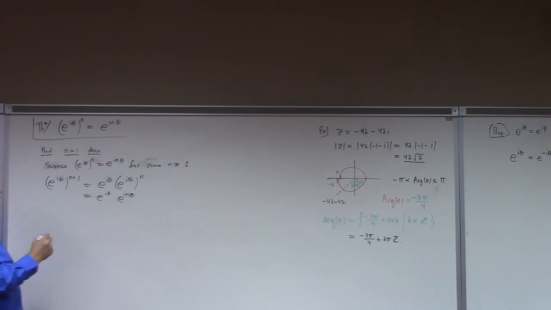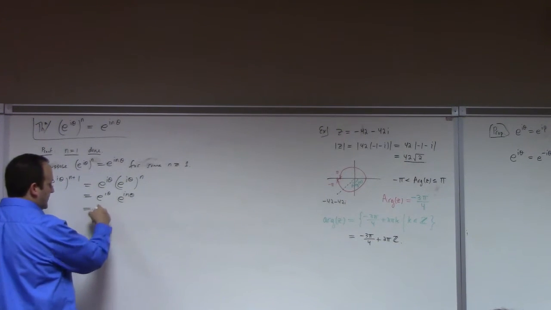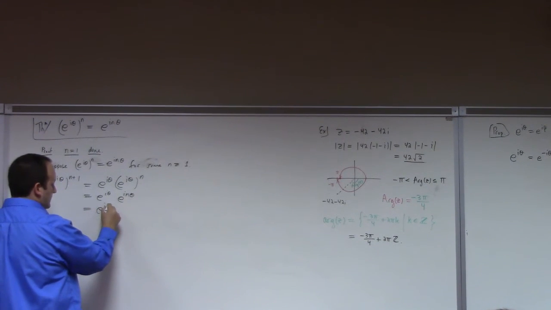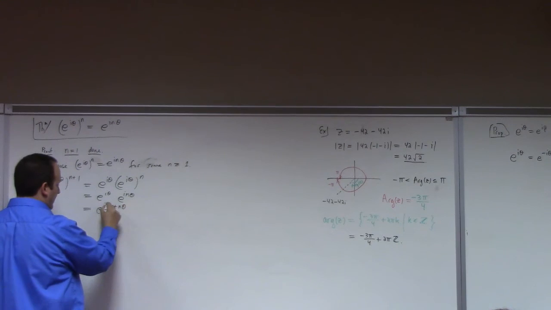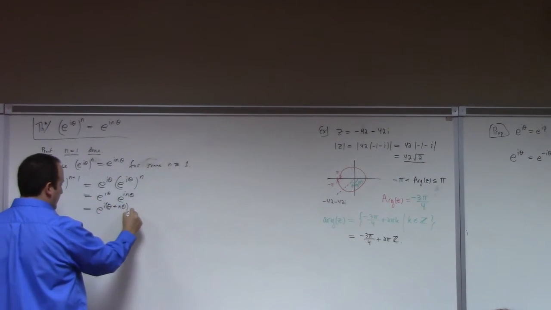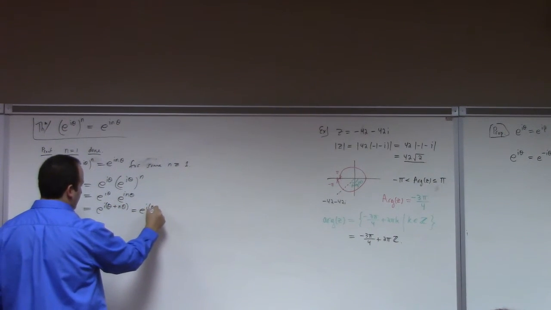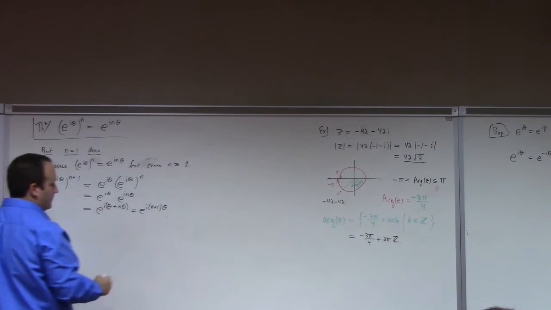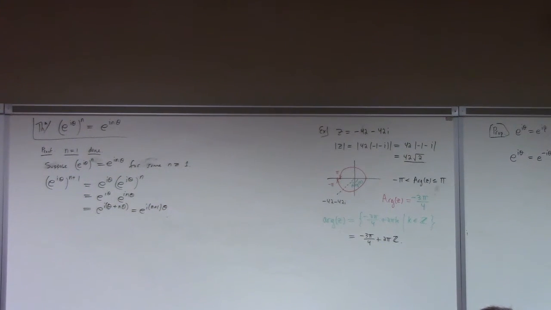And then using the addition law, from the adding angles formulas, we have e to the i theta plus n theta, that's e to the i (n plus 1) theta, which shows that the identity holds for n plus 1, and therefore, by proof by mathematical induction, we have De Moivre's theorem for all n.